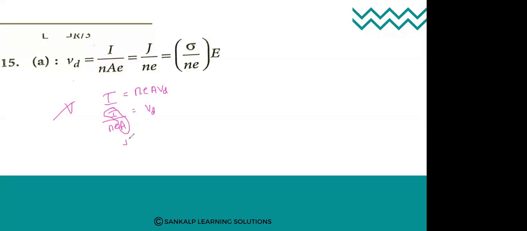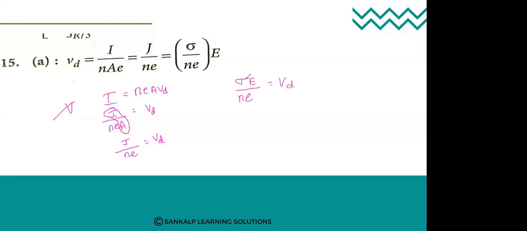Current upon area is called what? That is the current density. So therefore it is J divided by NE, which is equal to VD. Now here J is equal to conductivity into the electric field, so J upon NE equals our drift velocity.